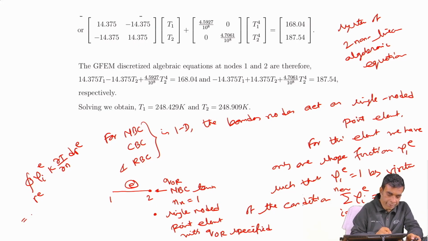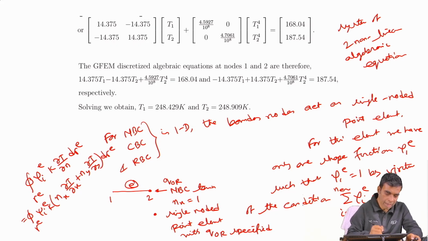This term can be written as the boundary integral over gamma e of psi I e times nx del T del x plus ny del T del y d gamma e, multiplied with k. This is in 2 dimensions.